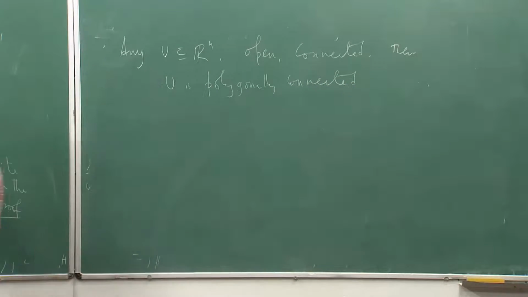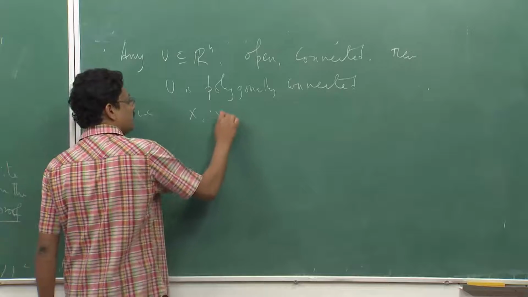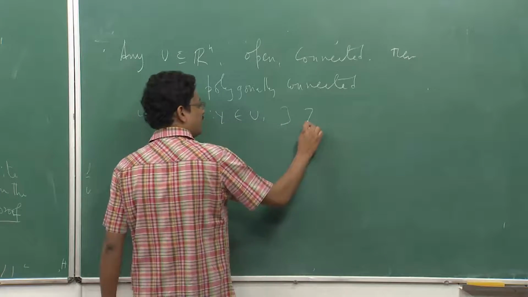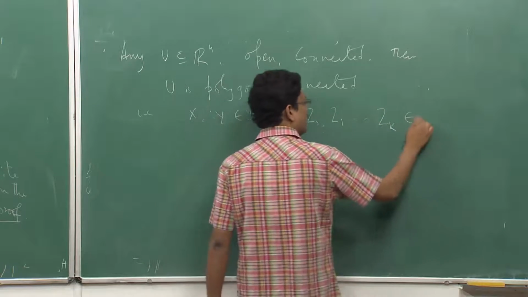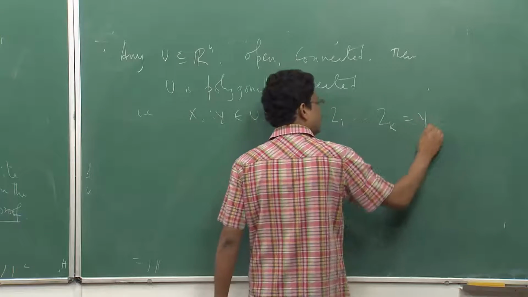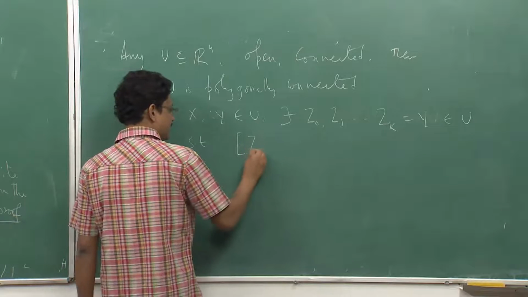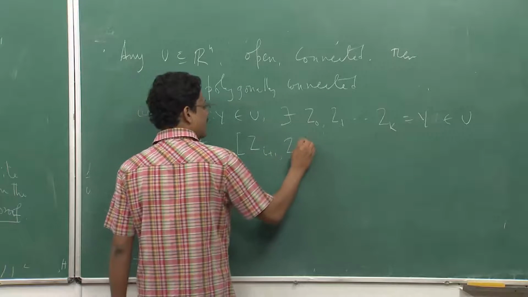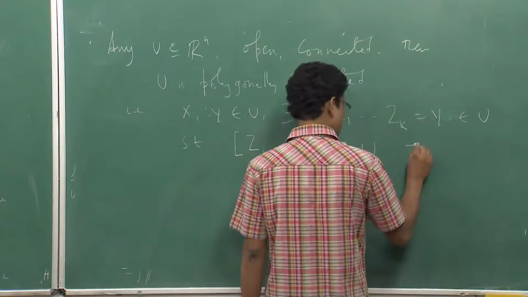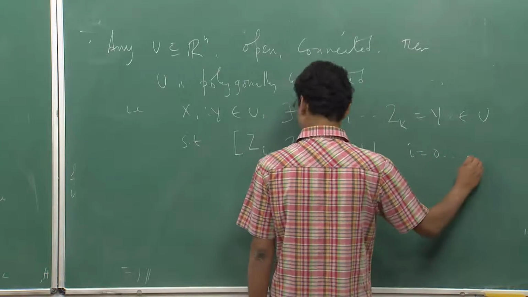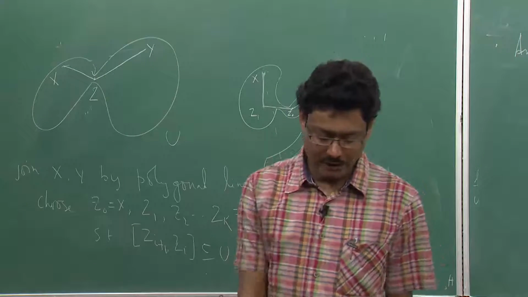That means precisely this: given x and y in U, there exist points z0, z1, up to zk for some k, all in U, zk equal to y, such that these lines from z(i+1) to zi entirely belong to U, for i equal to 0 to k minus 1. If I prove this, this proof will work fine.